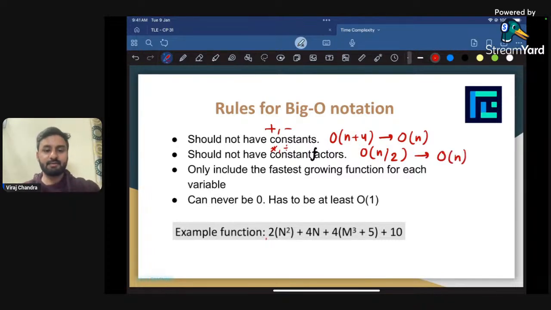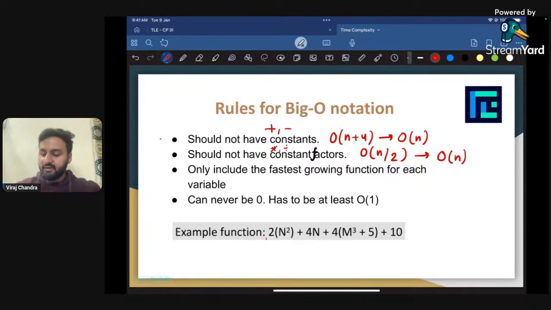Do you understand this, Ravikant? That is the difference. The above thing we saw, n plus 4, was the constant. And this by 2, or it could have been into 2, into 3, into 10, whatever, is the constant factor. We remove both of them, and neither is reported when we conventionally report the time complexity. Okay, great. I hope this is clear.